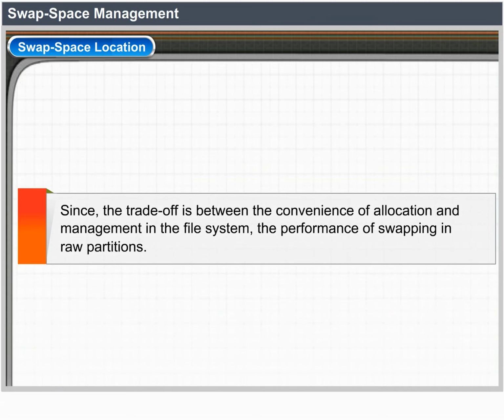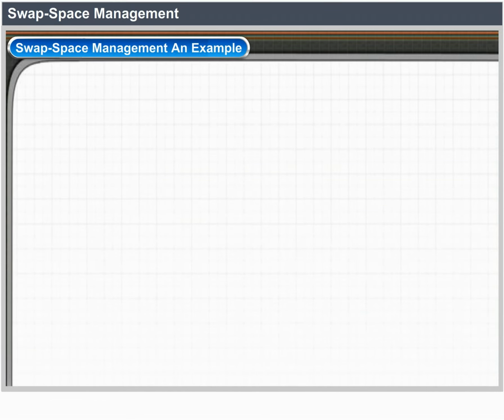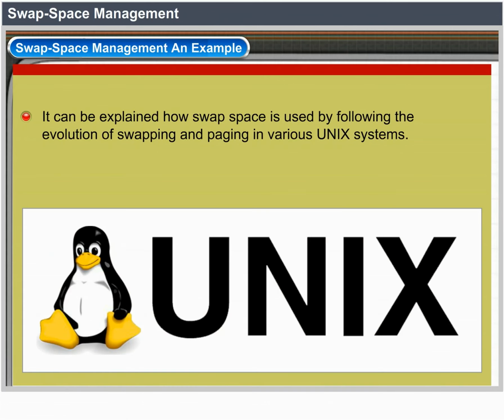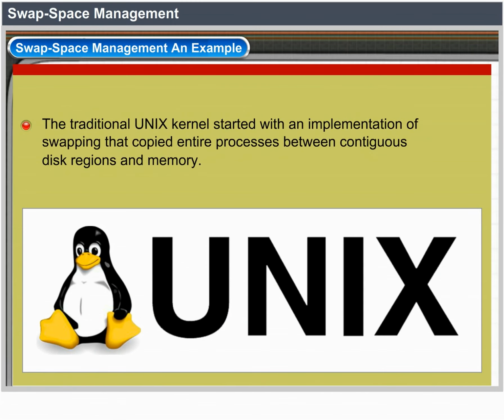Swap space management: an example. We can illustrate how swap space is used by following the evolution of swapping and paging in various Unix systems. The traditional Unix kernel started with an implementation of swapping that copied entire processes between contiguous disk regions and memory. Unix later evolved to a combination of swapping and paging as paging hardware became available.